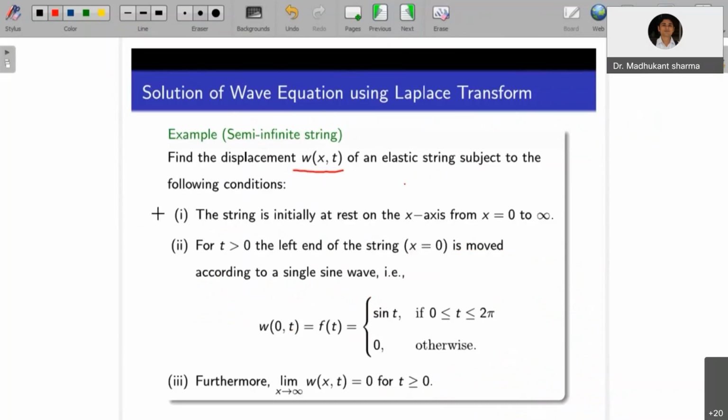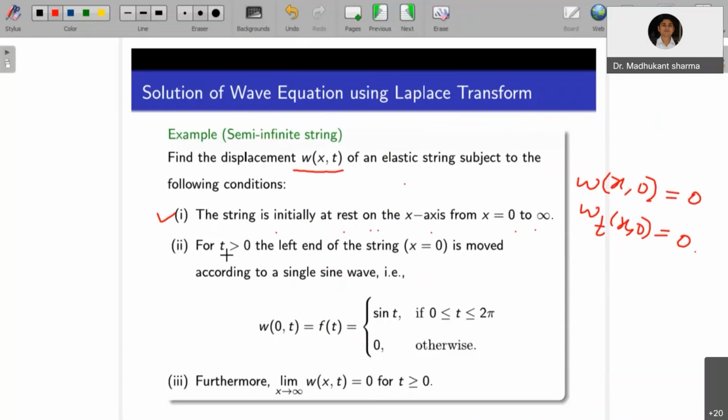The first condition is that the string is initially at rest on the x-axis from x equals 0 to x equals infinity. What does initially at rest mean? The initial conditions are that at time t equals 0 the displacement is 0, and the initial velocity is also 0. These are the first two conditions.